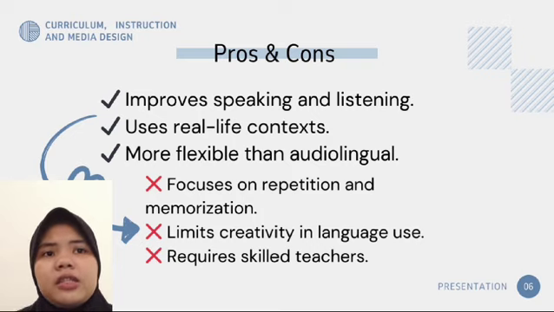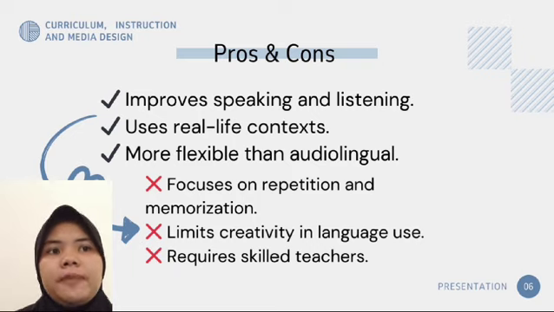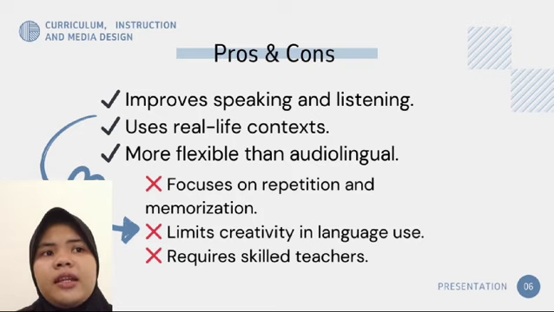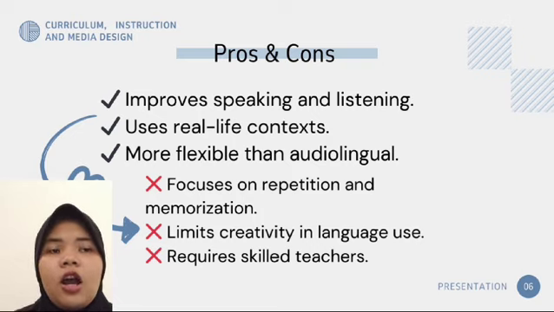And the cons of this approach are that it relies heavily on repetition and memorization, limiting creativity, does not emphasize students' interaction or free conversation, and requires skilled teachers who are fluent in the target language. Despite these limitations, this approach played an important role in the evolution of language teaching methods.